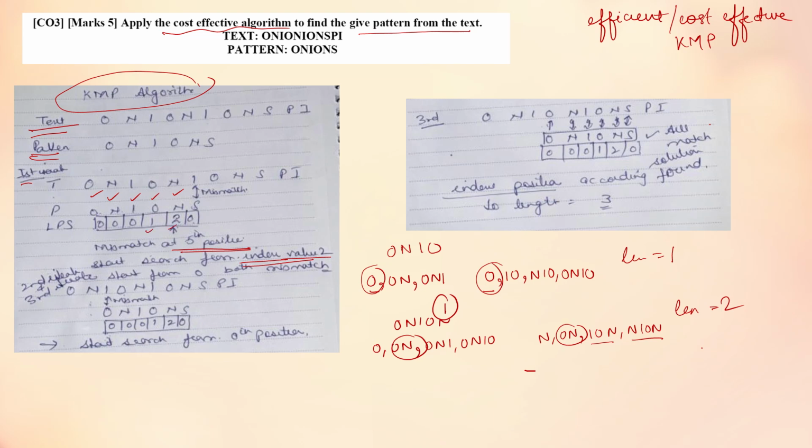Now similarly, after the first mismatch, that is after the sixth character, that is fifth index, the text has I but the pattern needs an S. Instead of restarting, we go to LPS of J minus 1, that is LPS of 5 minus 1, which is LPS of 4, which is basically 2.